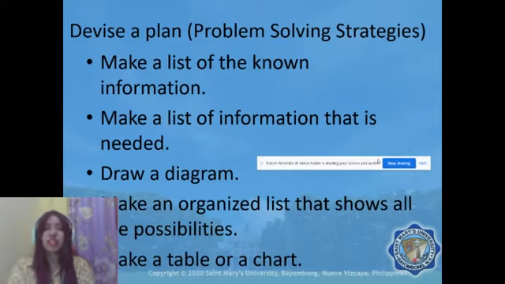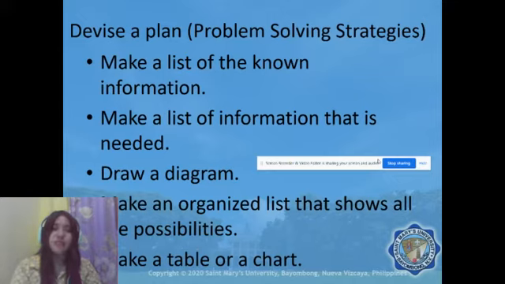The type of strategy that you will use depends on the nature of the problem. Some problems require you to draw a diagram in such a way that you can visualize it and then figure out the solution to the given problem.